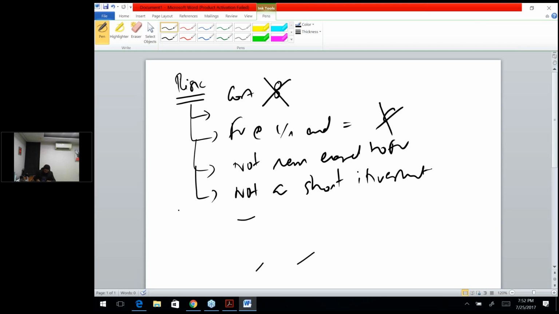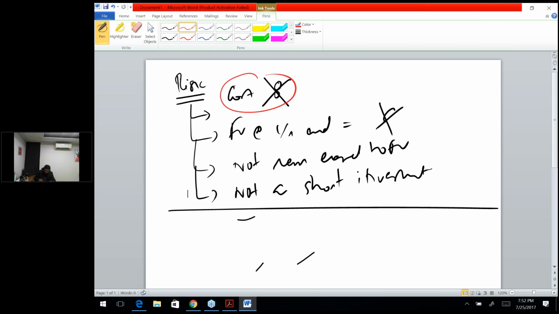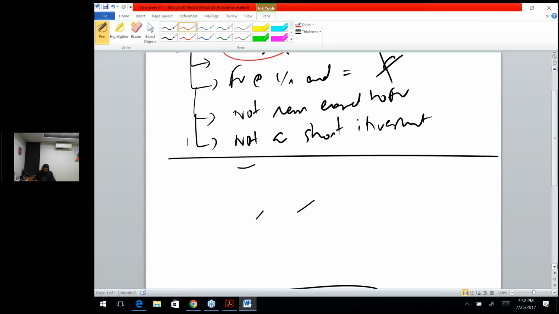I told you yesterday also that once you have identified the audit risk, now you need to perform the procedure. Now what is the procedure that we'll perform? If my risk is that the cost is not 8 million, how would I verify the cost? It's very simple.